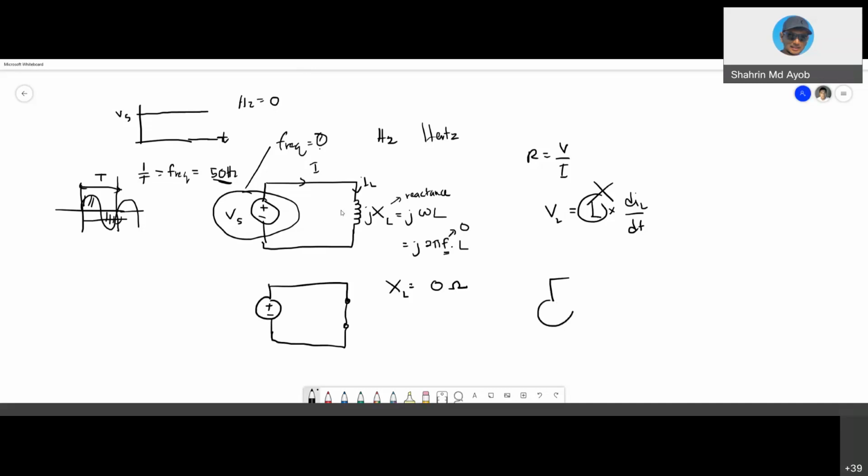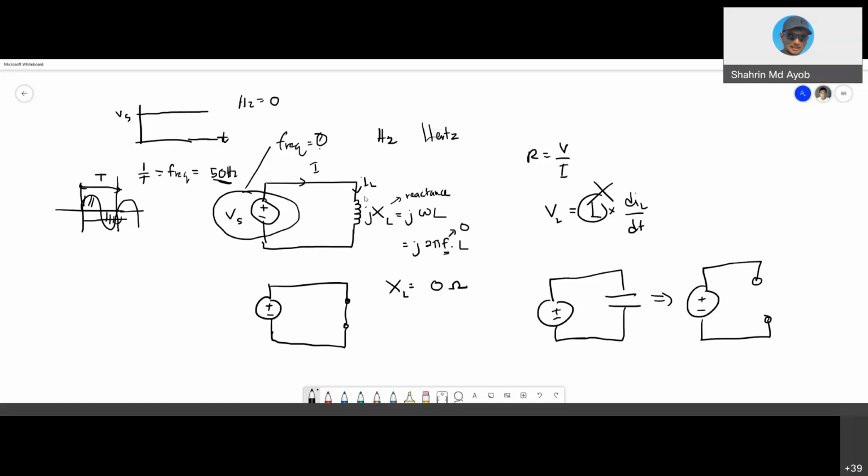And if you have a DC circuit connected with a capacitor, in the DC circuit the capacitor is actually represented as an open circuit. So that's why in DC circuit, inductor and capacitor don't have any importance.